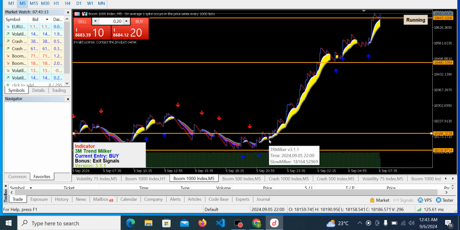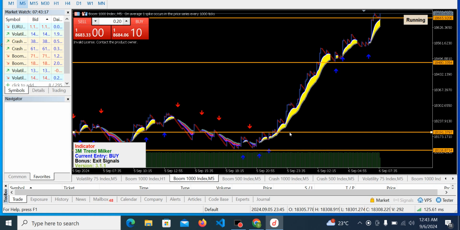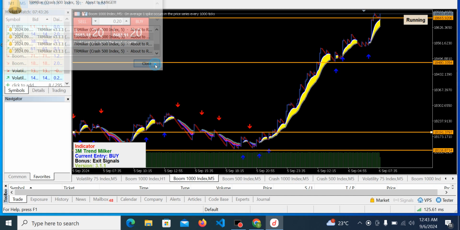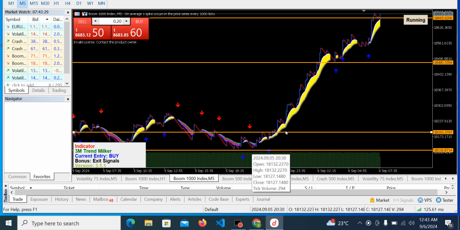We've gotten the blue arrow earlier, so we can decide to come in around here, and immediately you place your order, you should also place your stop loss down here. So this is very important. And right from there you now allow the market to play its game. So it started buying right from there.